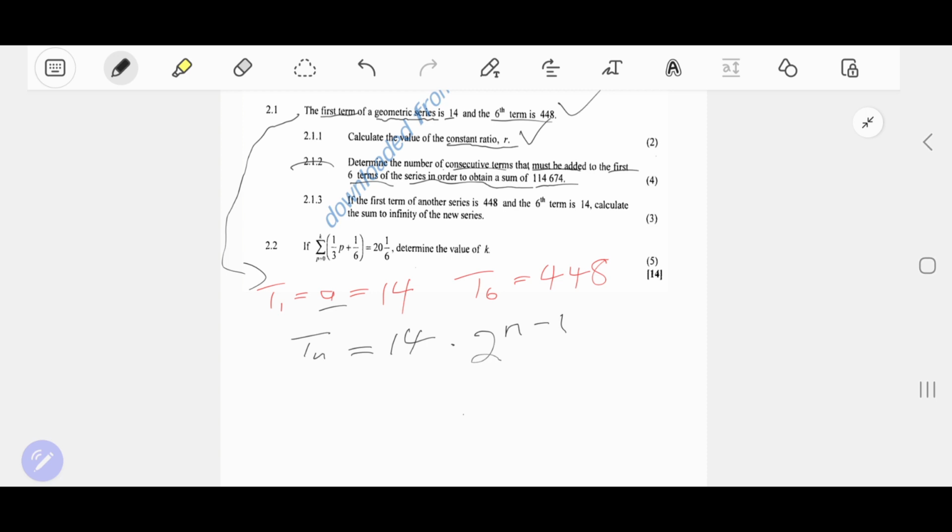The question says that in this given series, the one given by this formula, you already have 6 terms that you have added, meaning you've already got the 6 terms. Now they're asking you how many more terms you have to add.